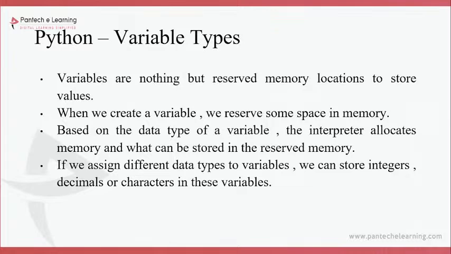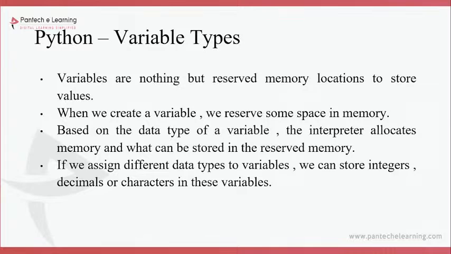When we declare a variable in a Python program, it will create some space in memory, depending upon the type of the variable. There are different types like int, long, float. Depending upon the data type, it will create the memory. For each data type there will be memory.